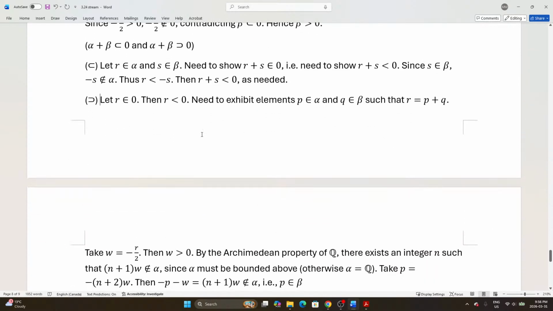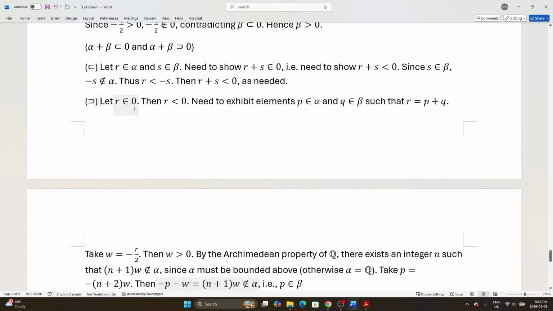So now, in the second part, we consider three cases. Or do we just need to consider two cases? Because here alpha and beta are completely symmetric, right?